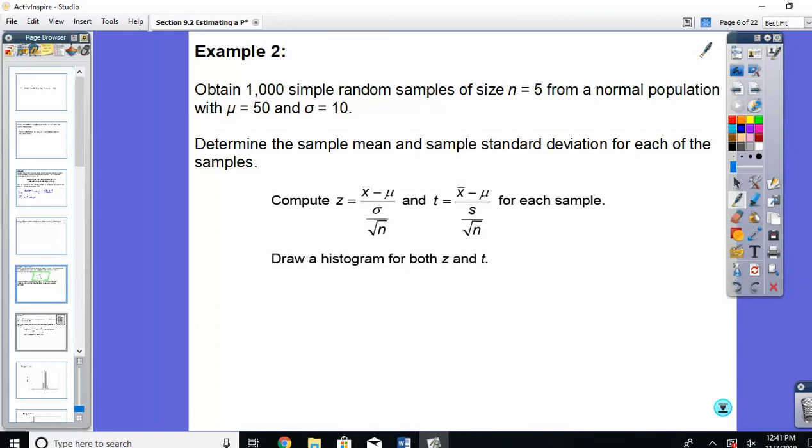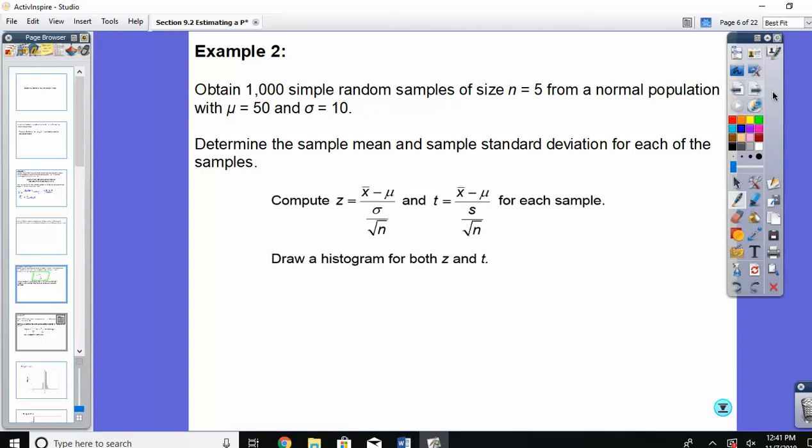The idea with Z is that it's based off sigma, the standard deviation of the whole population. T is based off s, the standard deviation of the sample. So the only difference between these is Z uses the population standard deviation, T uses the sample standard deviation.